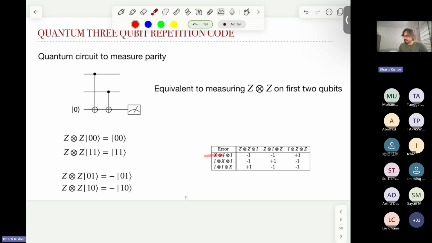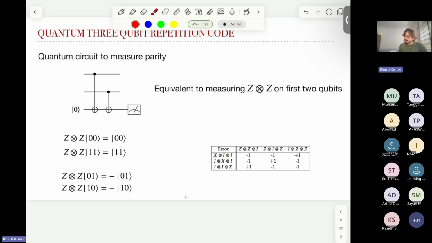let's say in this 3 qubit case. These are X tensor I tensor I, I tensor X tensor I, and I tensor I tensor X. Similarly, we can measure the parity of the first two qubits, the first and last qubit, and then the second and the last qubit. You see that if the error operator does not commute with the parity operator, you get a -1.